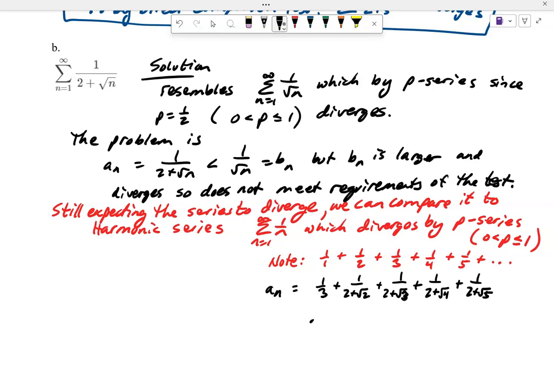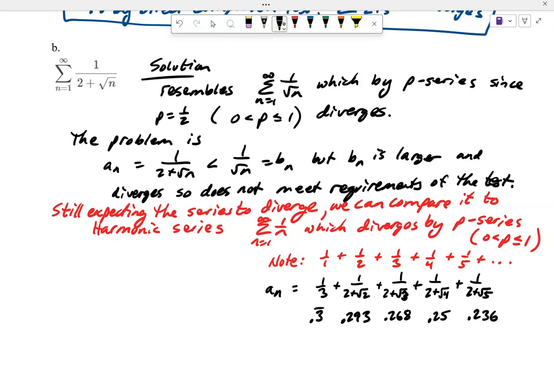That's 1 over 2 plus root 2. I'd punch that in. Over here, I'd punch this one in. 0.268. That's 0.25. 0.236, and so on.